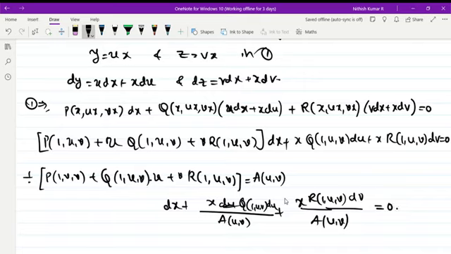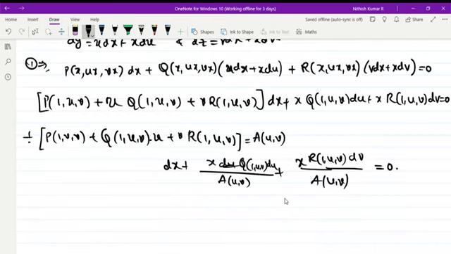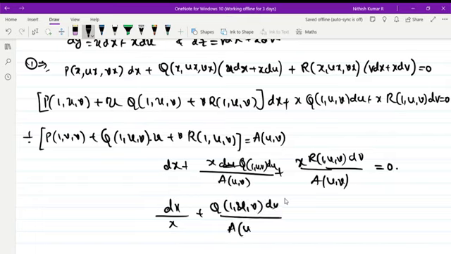Now by multiplying by 1 by x, we get dx by x plus q of 1 comma u comma v du divided by a of u comma v plus r of 1 comma u comma v dv by a of u comma v equal to 0.